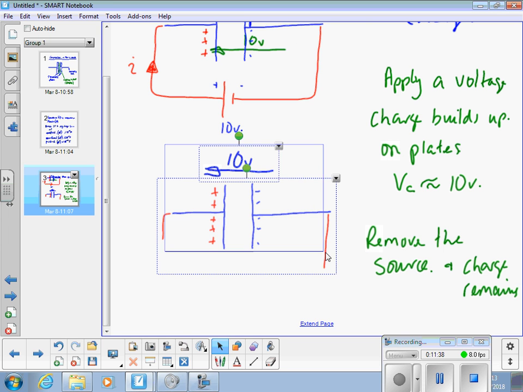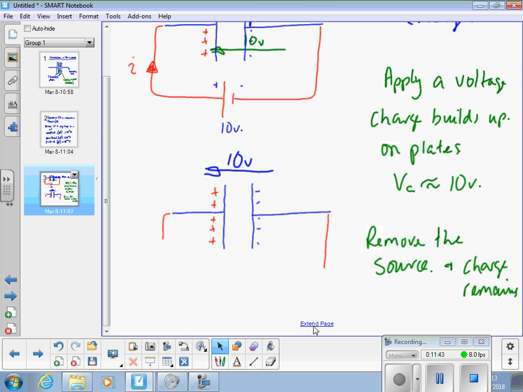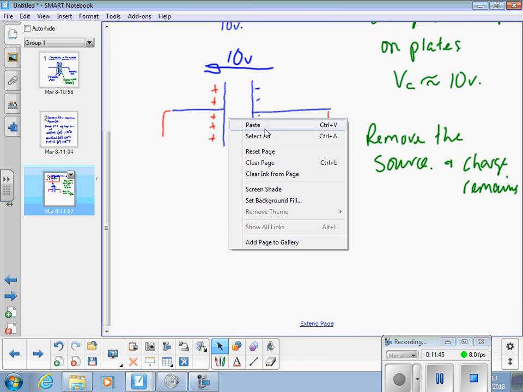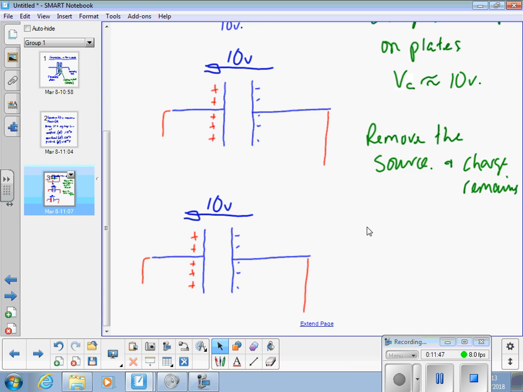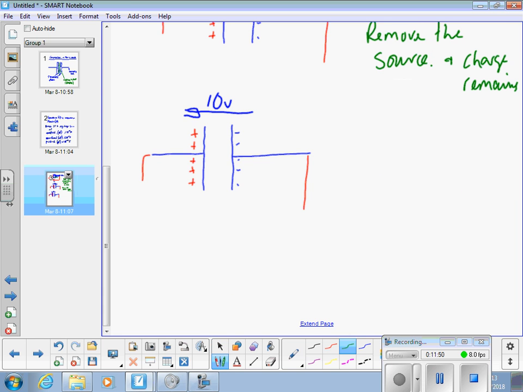If we then connect another component there, that capacitor acts like a little battery to that resistor, and the current flows in the opposite direction.